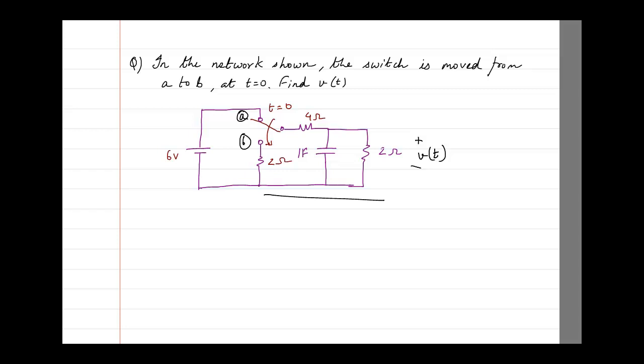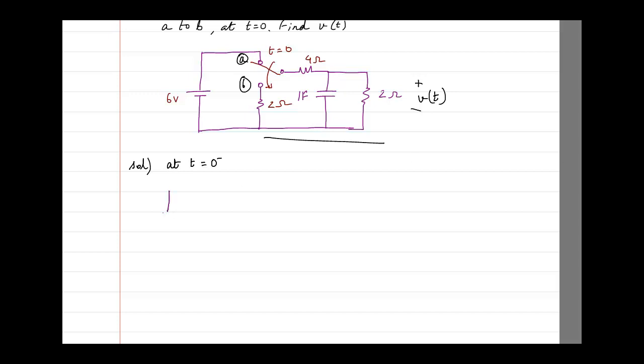Okay, so now as we have done previously for the case of the inductor, here also we will try to have two situations. The first is at t equal to 0 minus. So the position is at A, sorry. I will draw the circuit.